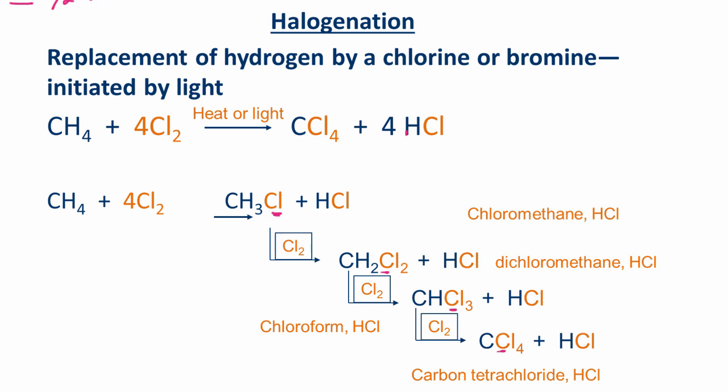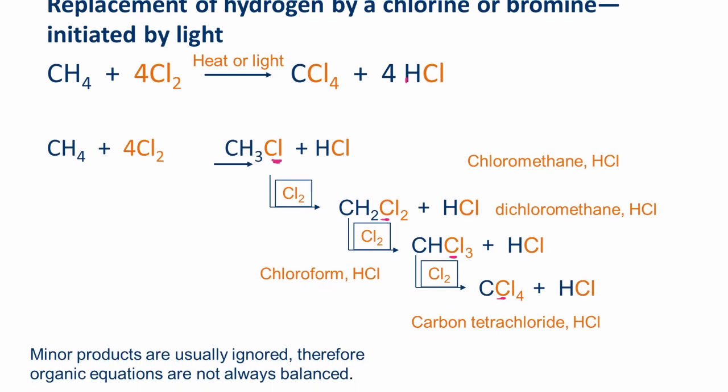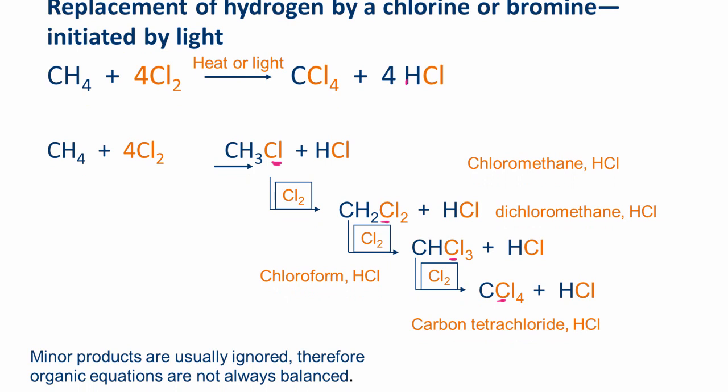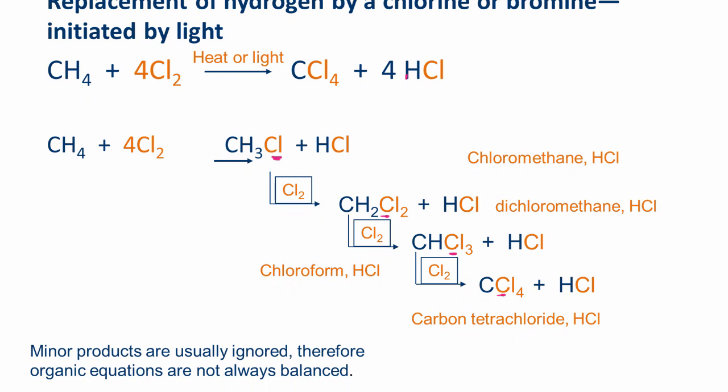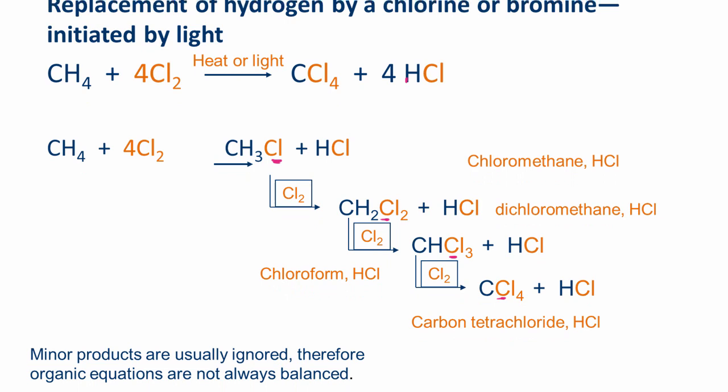It just depends how long I let the reaction go for, okay? So I might only want this product here. So I would adjust the reaction conditions to get that product. This arrow should go here, okay?